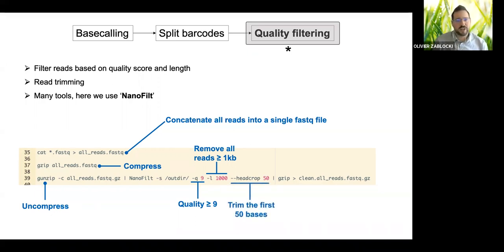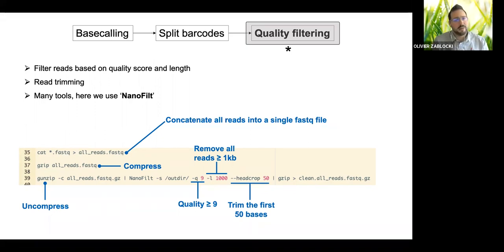There's also the option where you trim the first 50 bases of each read. Here they call it a head crop. This is to ensure that the barcode has been removed. When you do the barcode splitting into bins, the software should normally remove the barcode sequence after it has done its job to identify and bin.